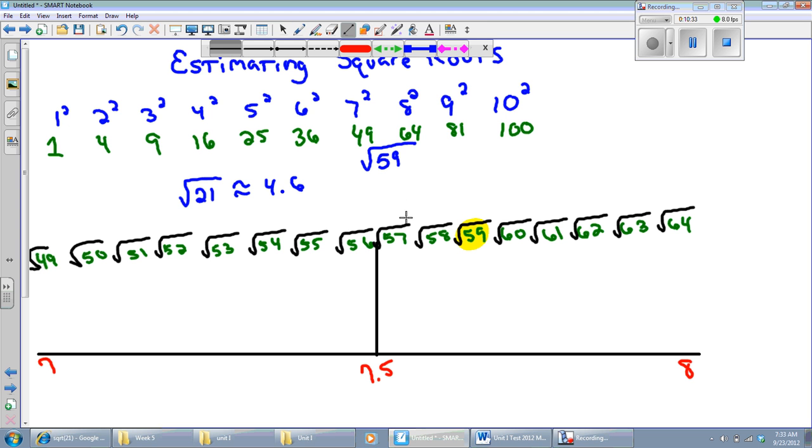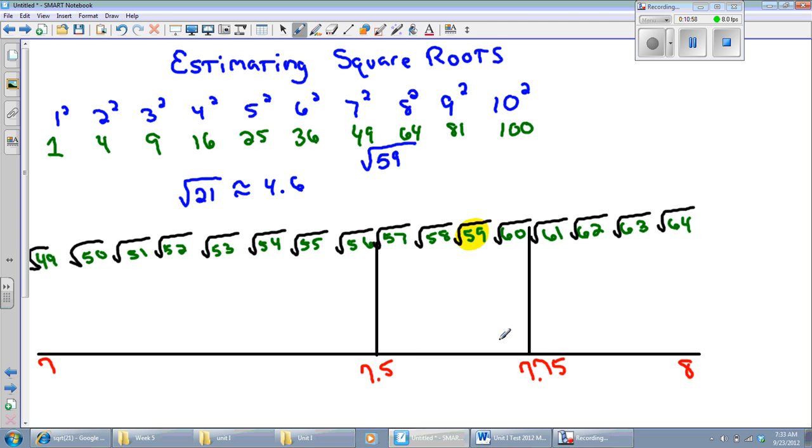So let's see, if there were 8 numbers on this side, then the median of the second half must be after the fourth term, which would be here. All right, and so we will have 7 75/100ths, or 7 3/4. Now, it's looking like 59 is almost exactly in between these guys.